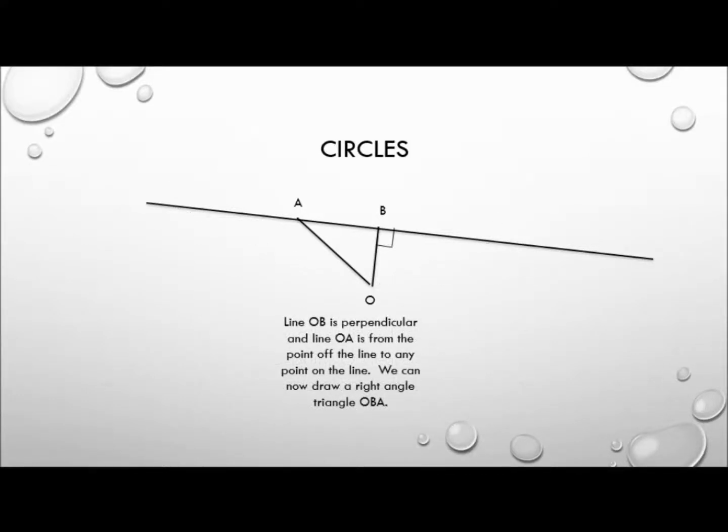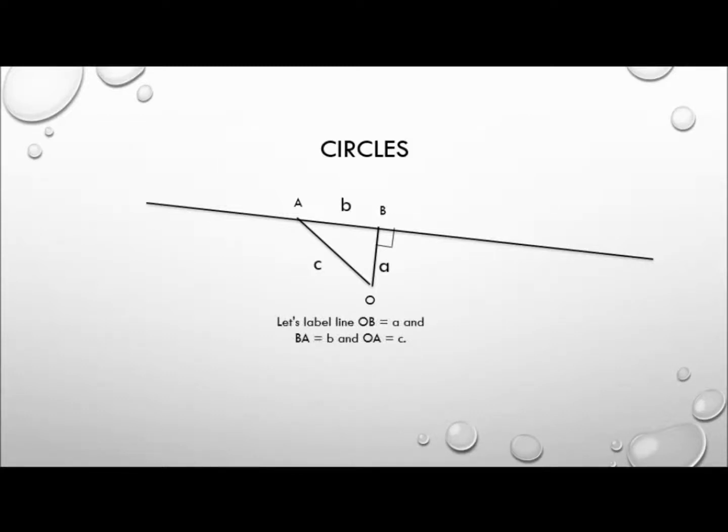Line OB is perpendicular and line OA is from the point off the line to any point on the line. We can now draw a right angle triangle, which we can call OBA.